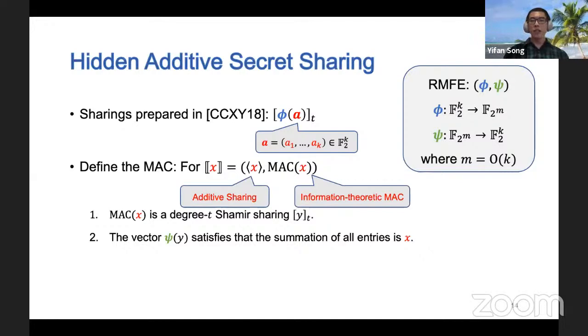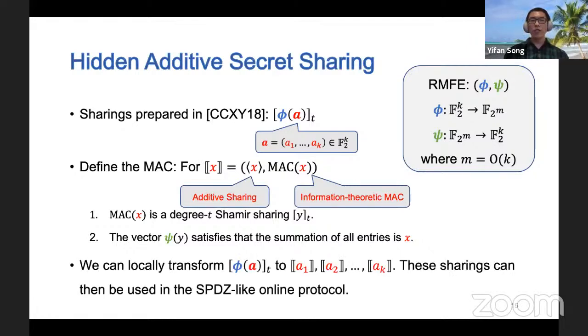For an additive sharing X, the MAC of X is a degree T Shamir sharing of Y, and the vector psi(Y) satisfies that the summation of all entries is X. Here, psi is the second linear map in the RMFE. We show that we can locally transform a degree T Shamir sharing of phi(A) to k additive sharings with their corresponding MACs. These sharings can then be used in the SPDZ-like online protocol.